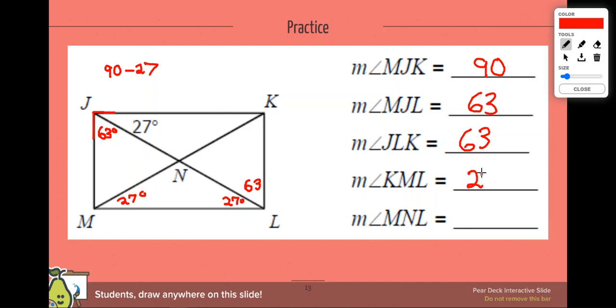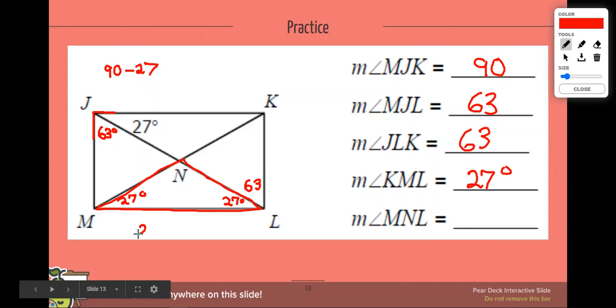And then MNL is a triangle, MNL. So that has to be equal to 180. So I have 2 times 27 plus n has to be equal to 180 degrees.